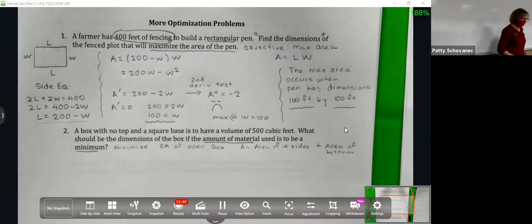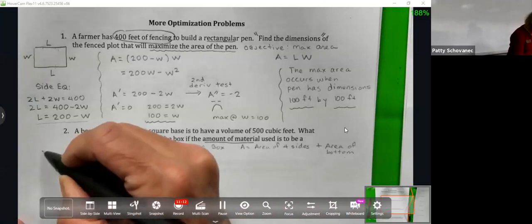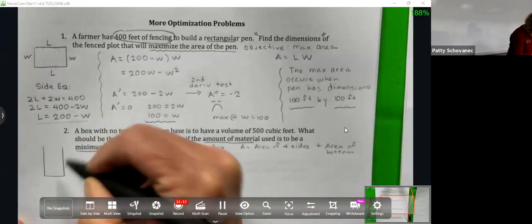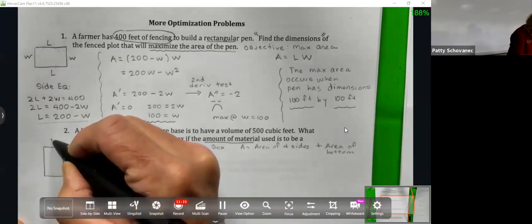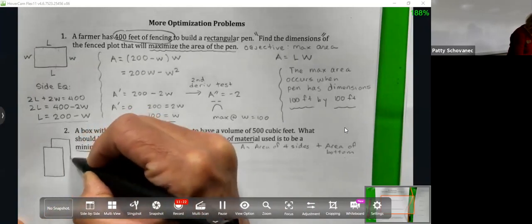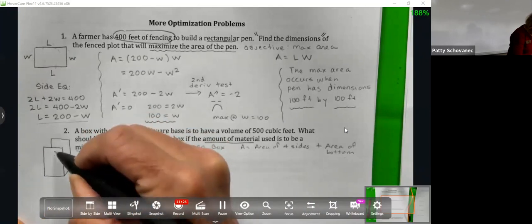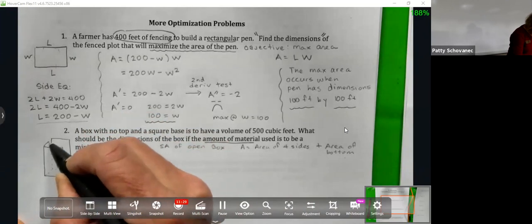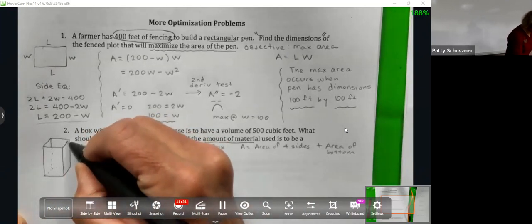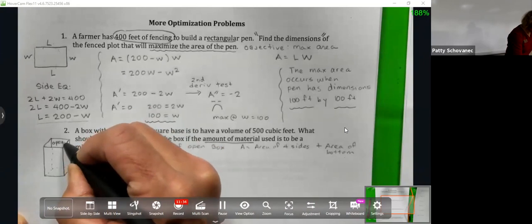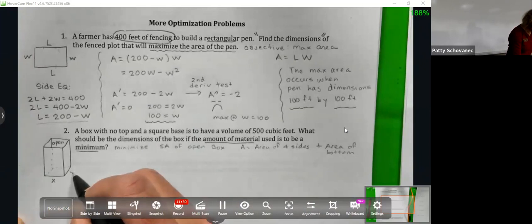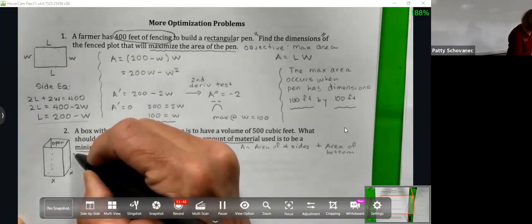So let's stick some variables in there. Let's draw a picture of a box with a square base. So I'll put it over here again. Just kind of make it a bit on the tall side. And at the top, the base is a square, so I'm going to use the same variable for those dimensions. And then the height can be something different.